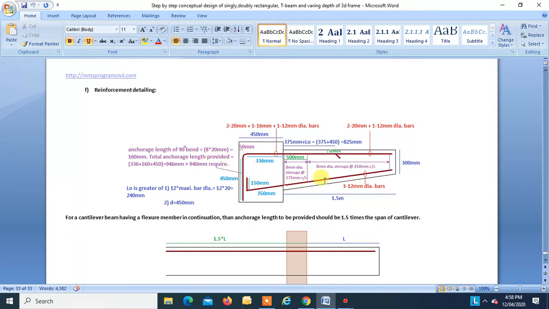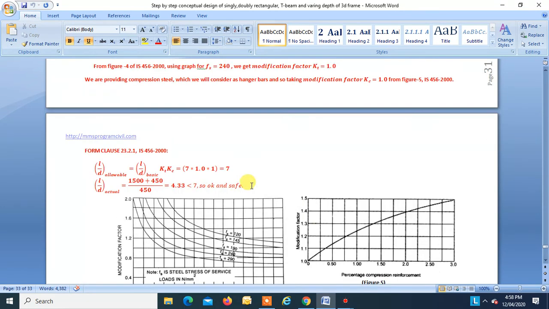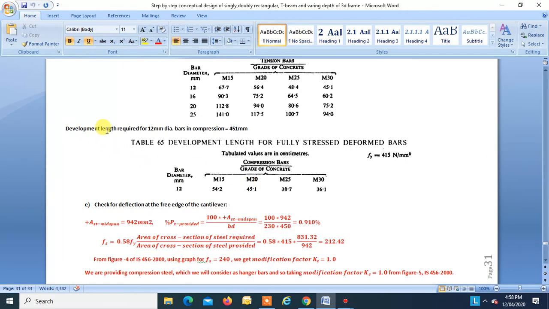Now anchorage length for the compression member, okay. So we can see the table. Development length required for 12 mm dia bar in compression, okay. This is the table for development length of the compression bar for 12 mm and M20 grade concrete. The development length when the bar is in compression is 45.1 centimeter, that is 451 mm.